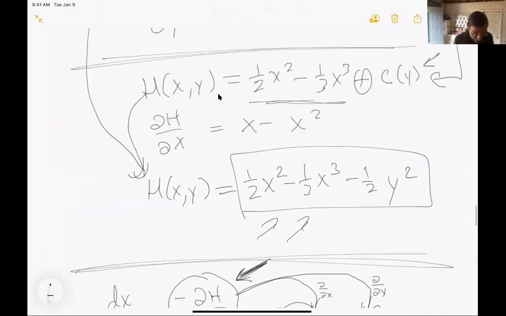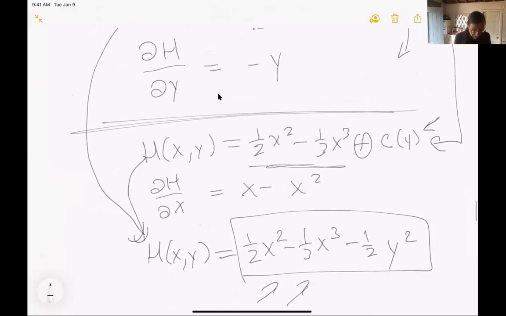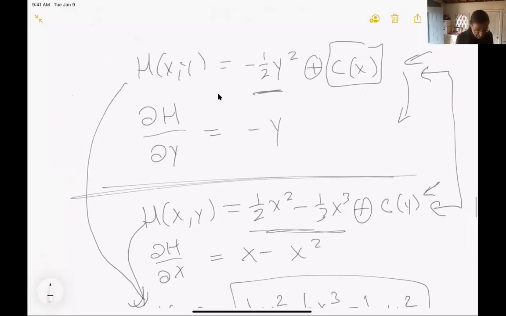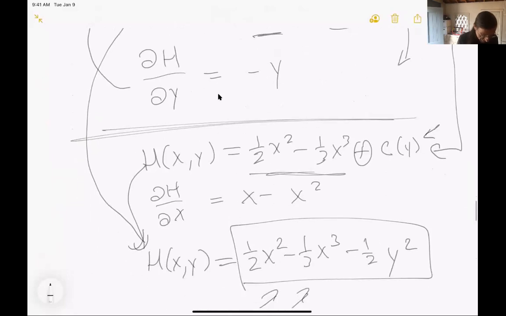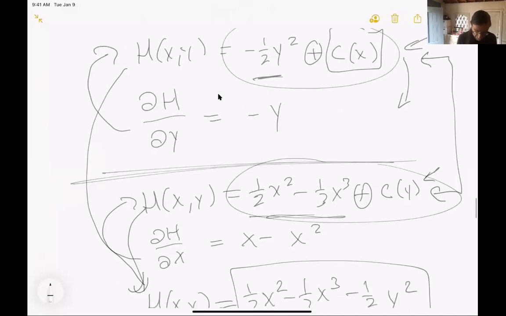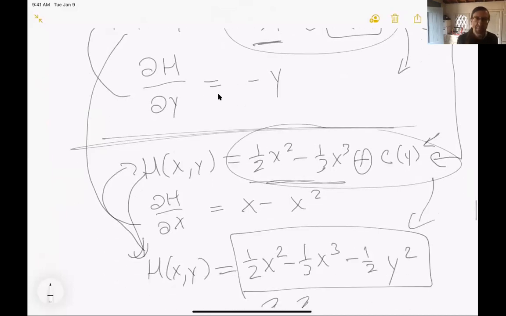The only way to really check is to try to find that h function. You take the first function and integrate it with respect to y, and the second function you integrate with respect to x, and then you see if you can reconcile the two answers with a single function. That gives you your h function.